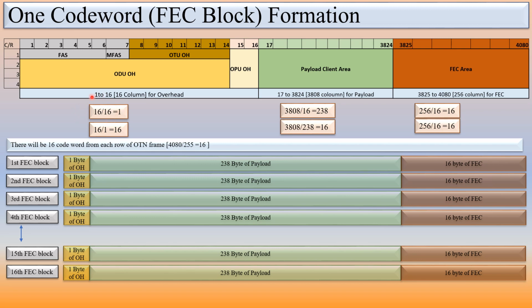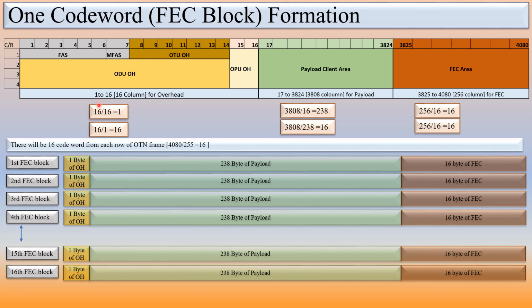Now the question is why I have mentioned this. 16 by 16 is equal to 1. It means if we are creating 16 FEC blocks, how many bytes in each FEC block come from the overhead?